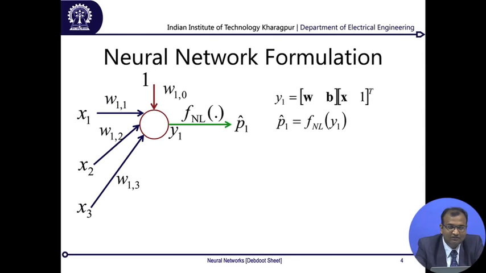Now note, I have taken these weights no more as just W1, W2 or W3. They are now written as W11, W12, W13. This basically stands for: the first element of the subscript is the target where it is being mapped, the second element is the source from where it is being mapped, and this is a very standard convention.